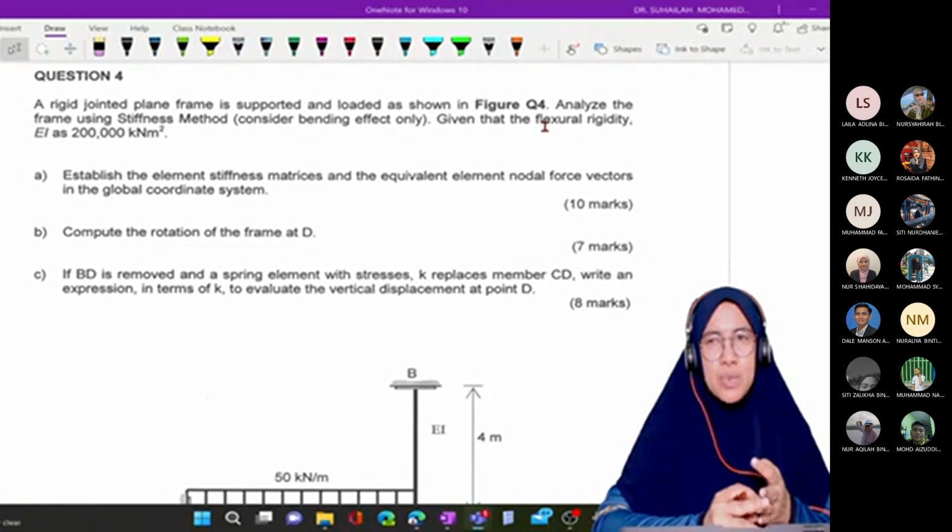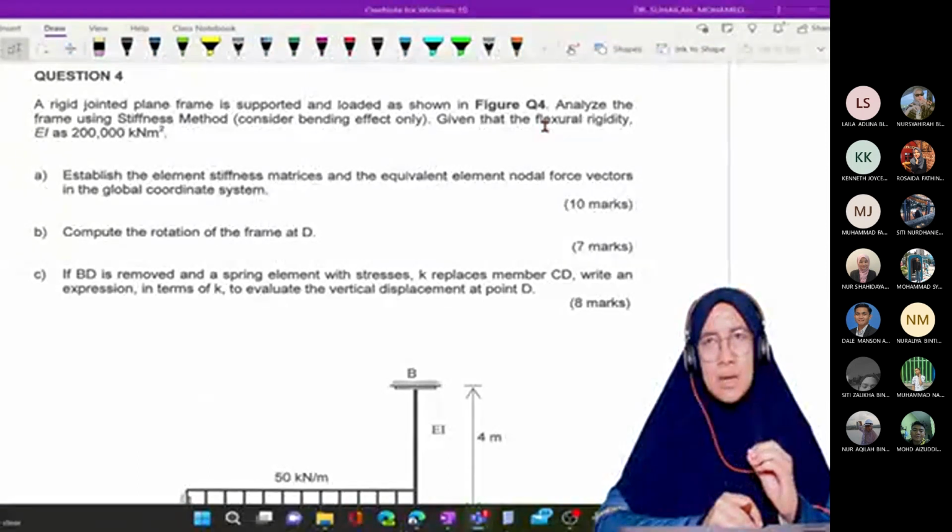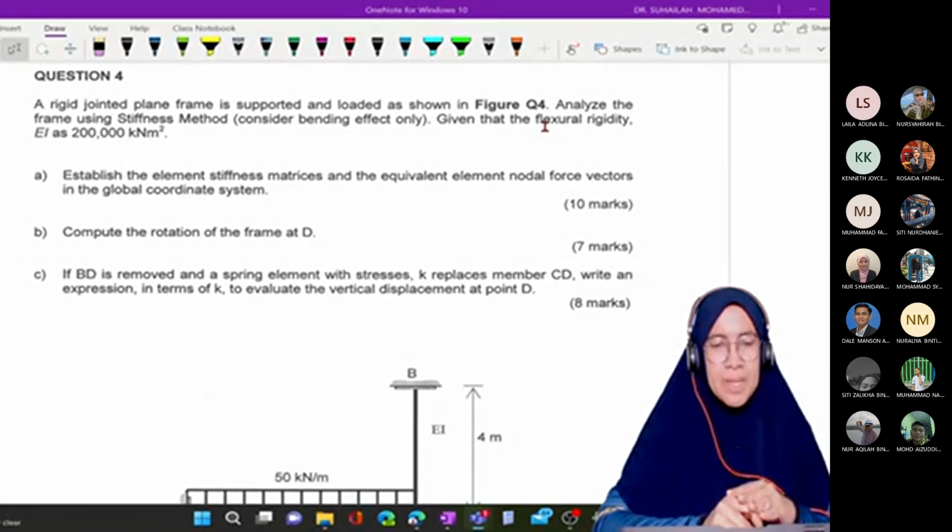In beam analysis, we have 2 degrees of freedom in Y and Z component, because the X component in beam, representing horizontal displacement or horizontal reaction, will be neglected. So we only count Y and Z component in beam.